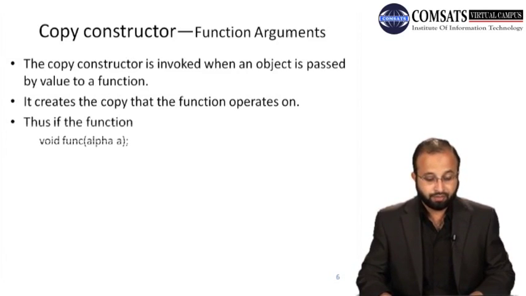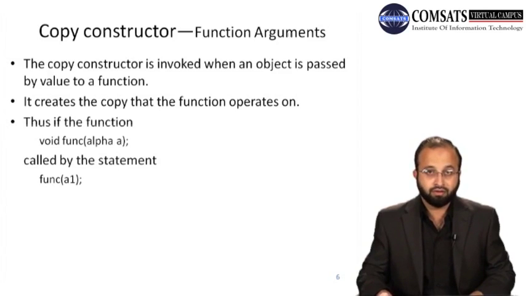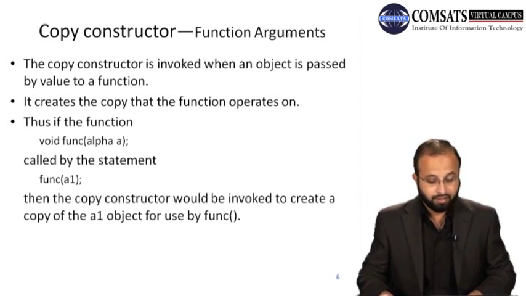Thus if the function void func(alpha a) is called by a statement like func(a1), then the value of a1 will be copied into the a object and the a object will be created. Then the copy constructor would be invoked to create the copy of the a1 object for use by func, and the name of that copy is a.